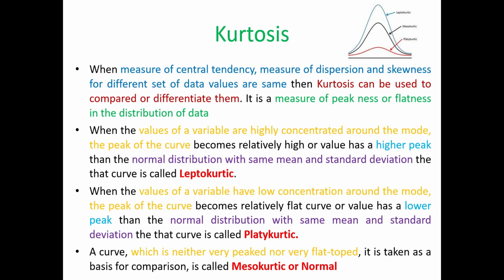If the values of the variable are highly concentrated around the mode, then the peak of the curve becomes relatively very high, a higher peak than the normal distribution. It is known as a leptokurtic curve, or leptokurtic data. If the values have low concentration around the mode and the curve is flat with a lower peak, it is known as a platykurtic curve.